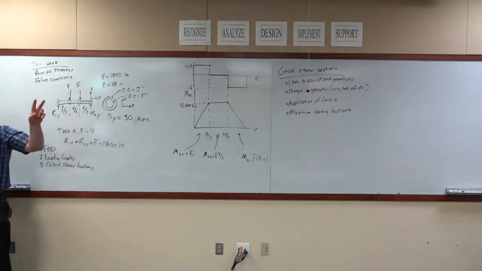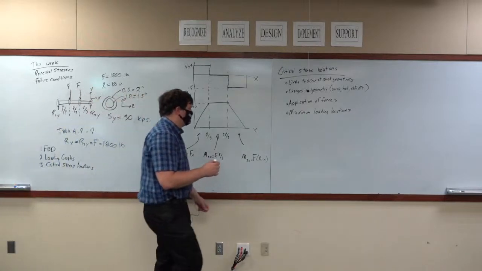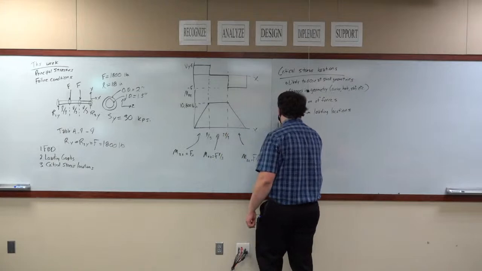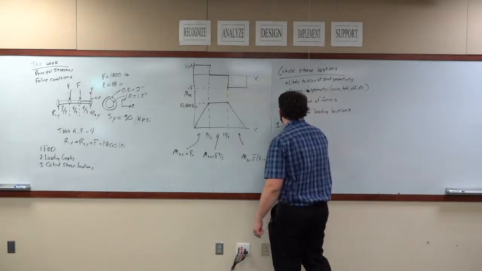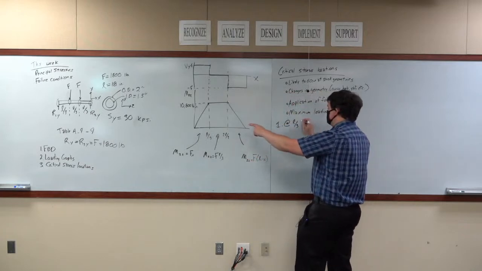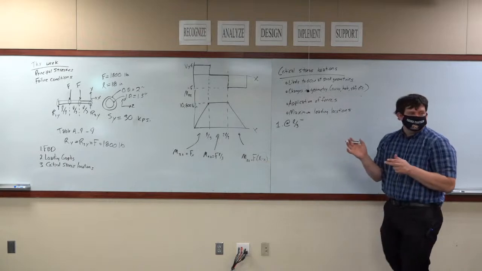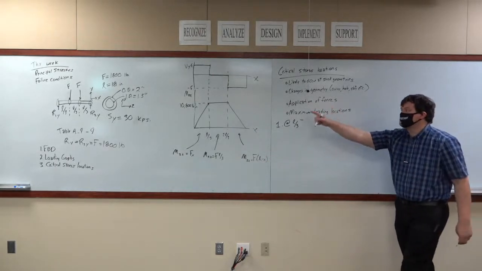Okay? We know where they are. Excellent. Number 1. Critical stress location at L over 3, and I'm going to say minus because it is just a hair to the left of that when we still have a shear load.